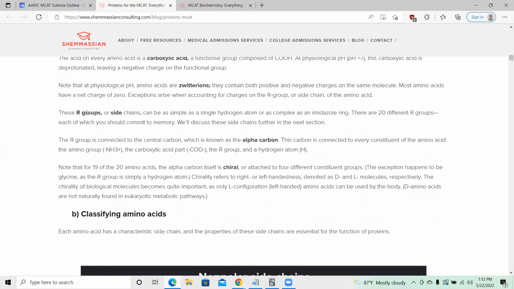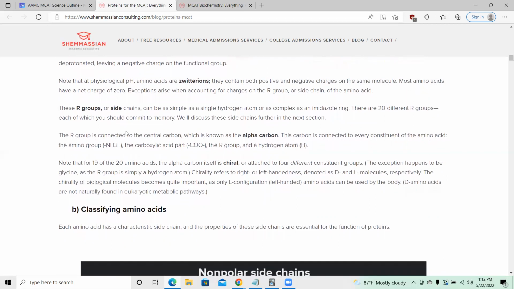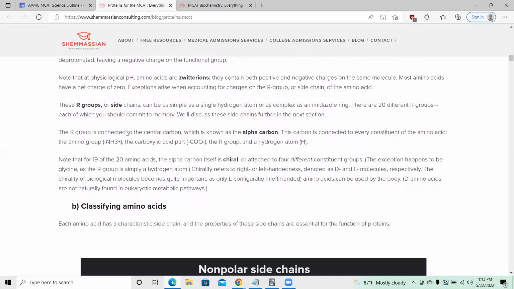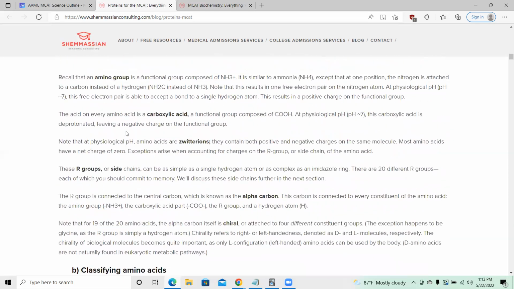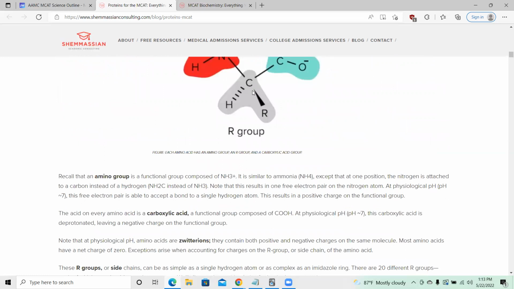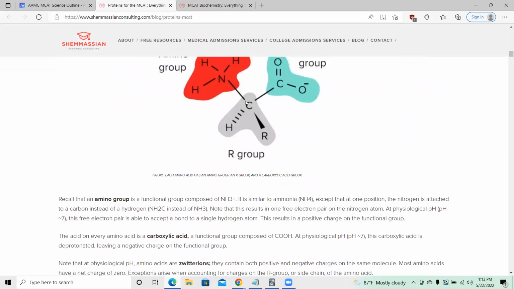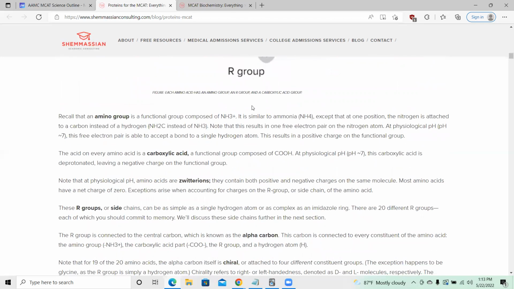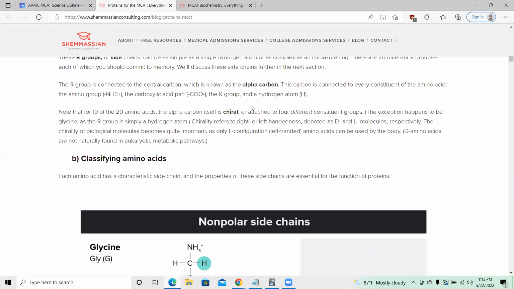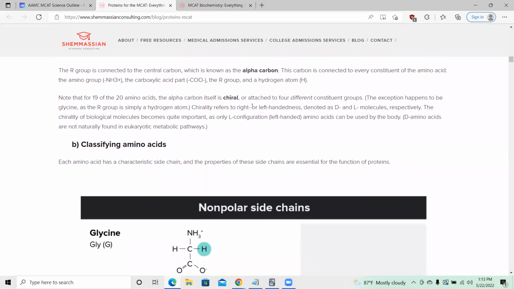So now moving on to the complex part, the R groups. The R groups are what determine the identity of the amino acid. And the central carbon is called the alpha carbon. This right here, the one that all four things are connected to, is the alpha carbon. Chirality I'll talk about in just a bit.